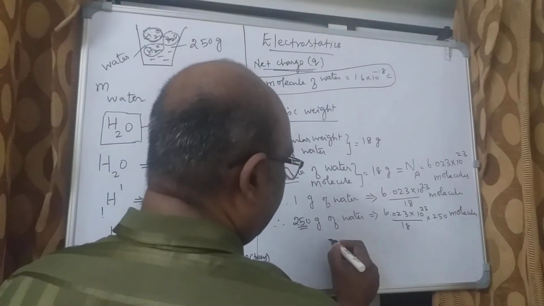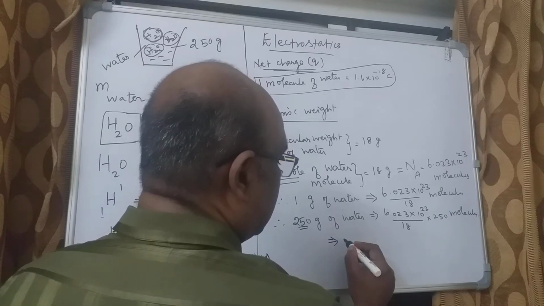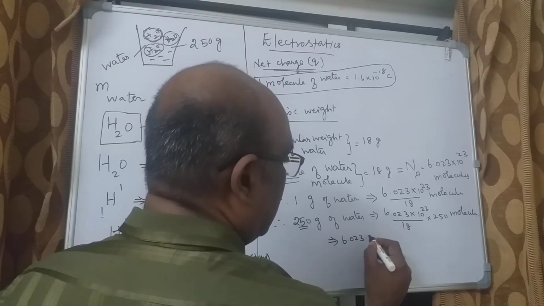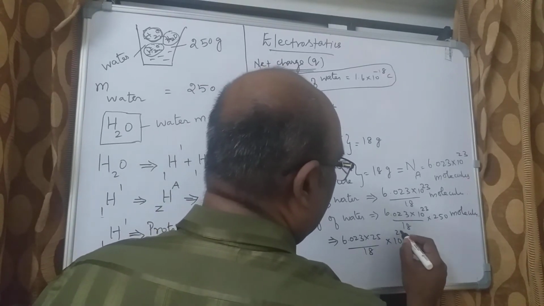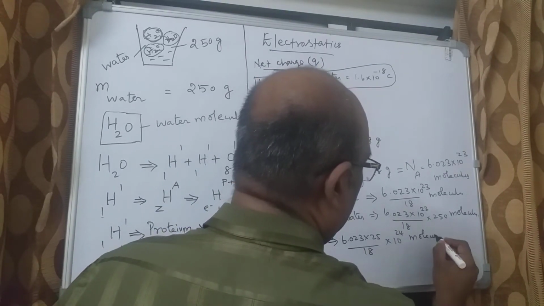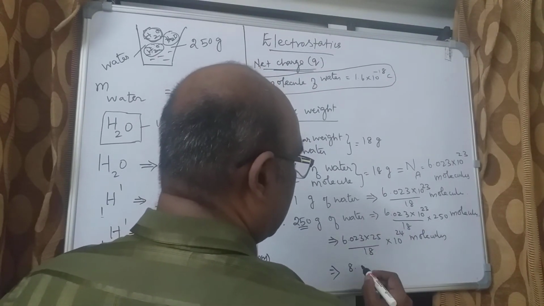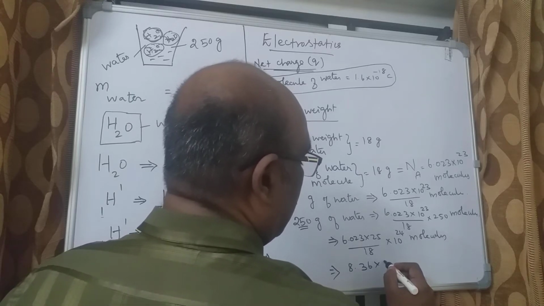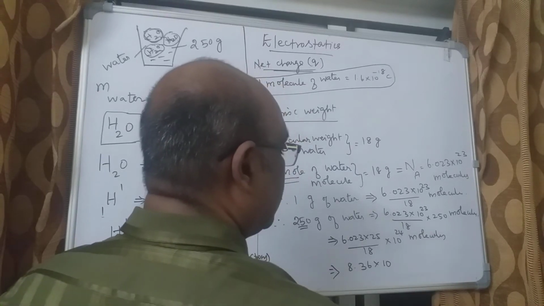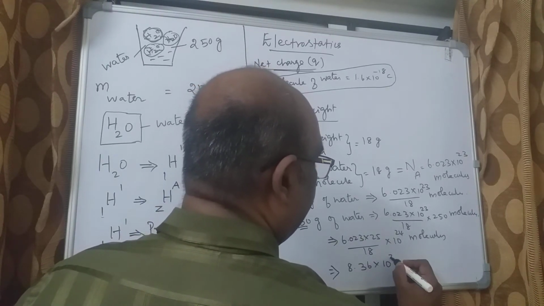We can simplify it further to get the answer as 6.023 into 25 by 18 into 10 to the power 24 molecules, or further we can write this as some 8.36 into 10 to the power of 24 molecules.